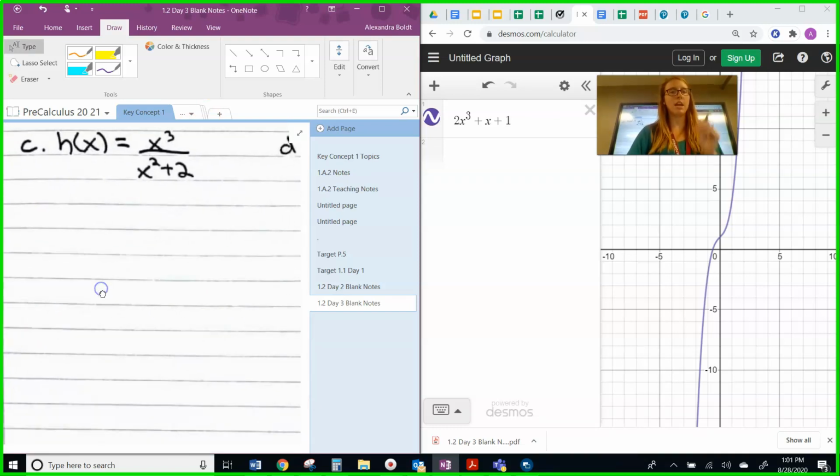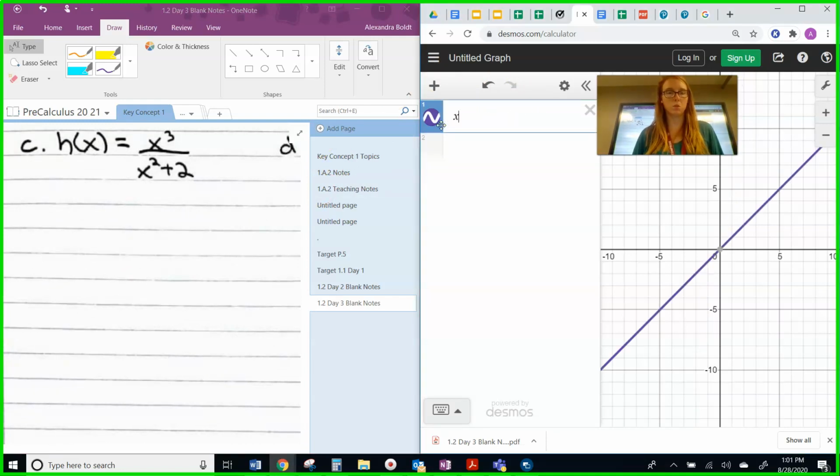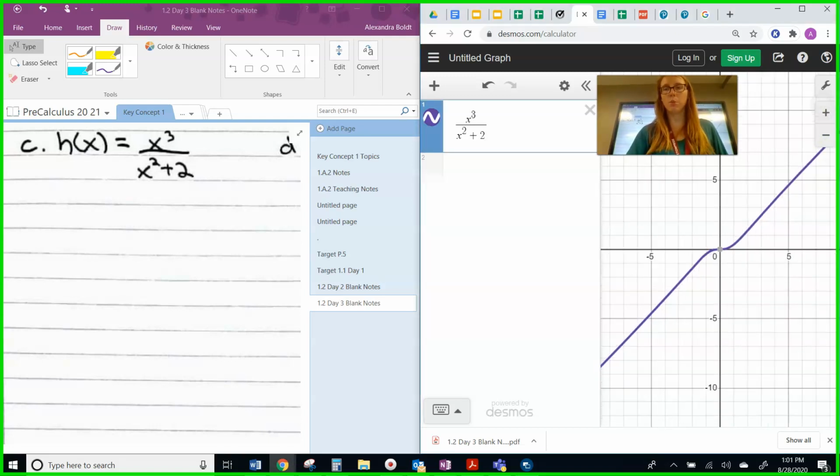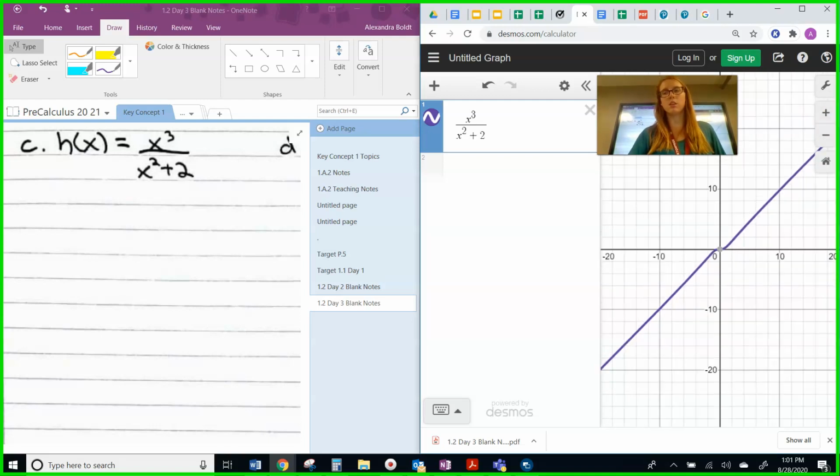We have h of x equals x cubed over x squared plus 2. So this is kind of weird in that middle part there, but it's just a slightly weird function.